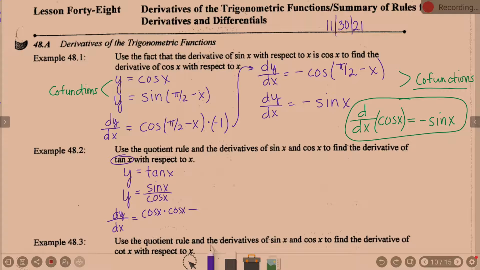And now it's the derivative of the bottom. What's the derivative of cosine x? Negative sine x times the numerator, all over denominator squared. So cosine squared x.